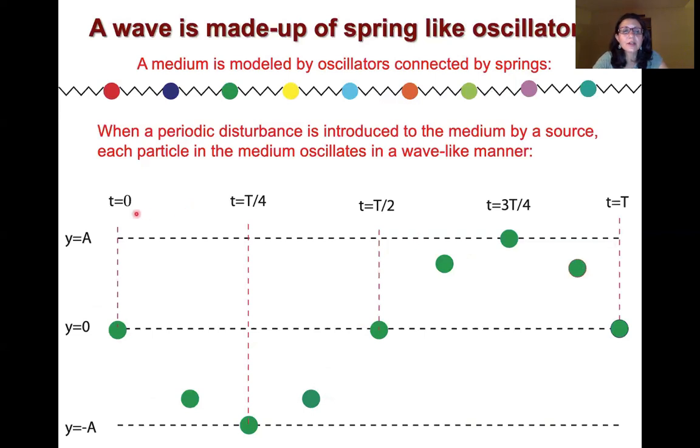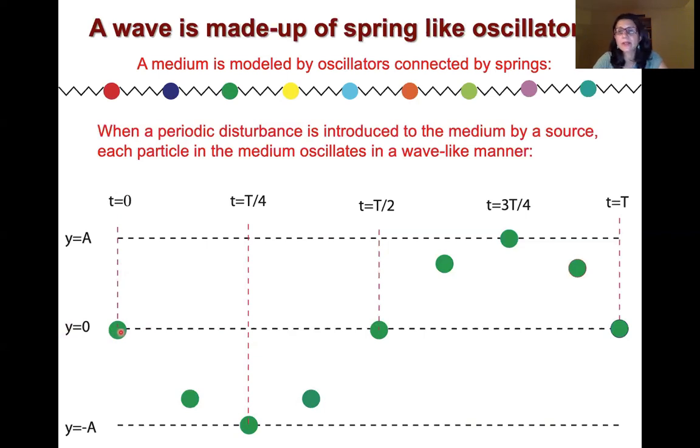So how do we describe one period in an oscillation? What this plot represents is just an oscillation of one particular oscillator, like this green dot in this medium, over one period. So if we say that at some time equals 0, this particle is at position y equals 0, which is its equilibrium position.